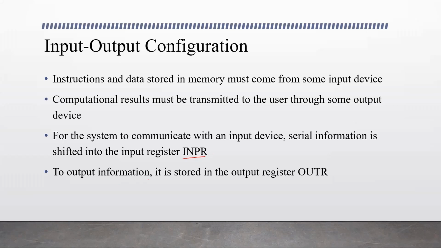The output information, before printing or displaying it to the user, is stored in the output register OUTR. INPR is the input register, OUTR is the output register in which the results are stored before being printed to the user.